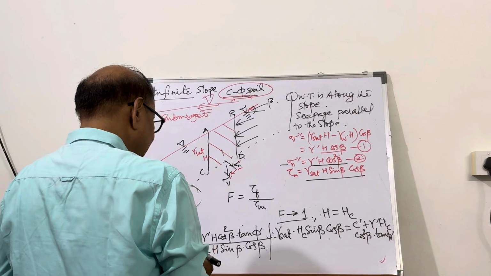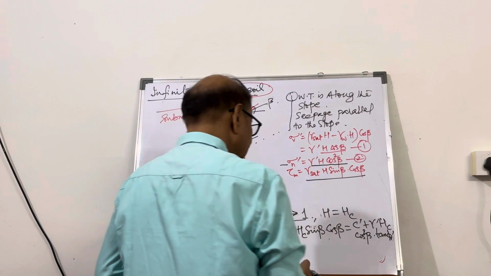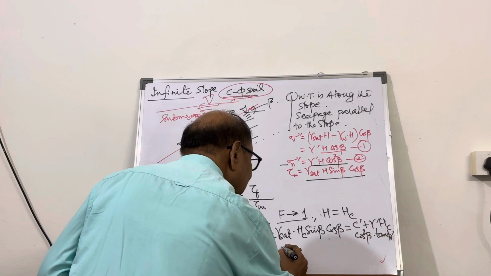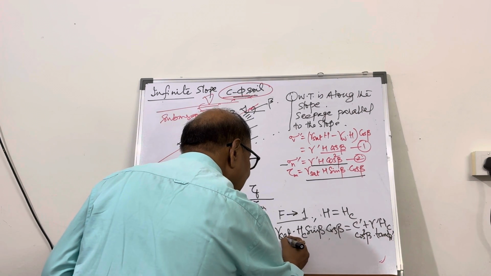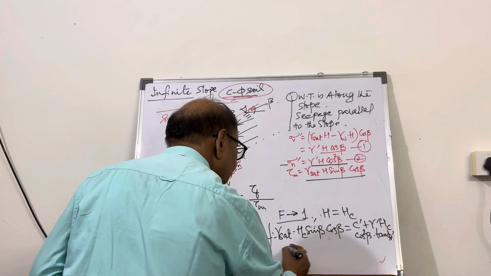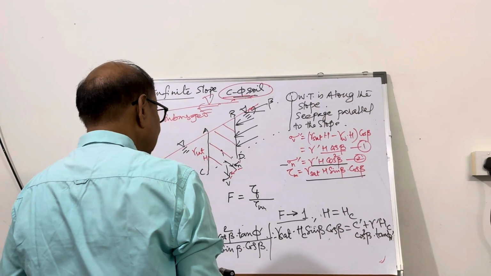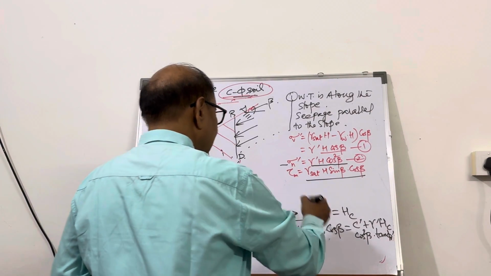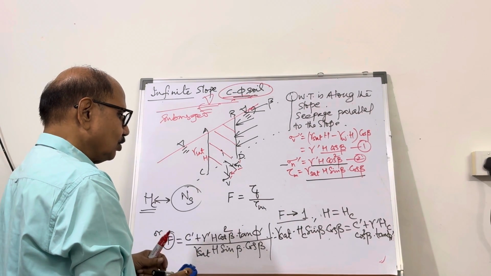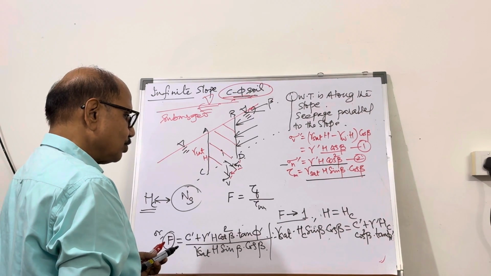So friends, the things are going to be quite simple here. If you divide C prime by gamma sat H critical, then you get a different form over here. So you can make all sorts of calculations over here, and you can find out the critical height, etc., in this form also.